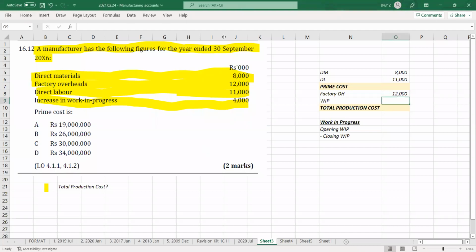So the question is, prime cost. So prime cost is easy. They have not mentioned where to adjust the work in progress. So work in progress will be adjusted to the total production cost. Can you all find out what is the total production cost? So prime cost is simple. What is the total production cost?